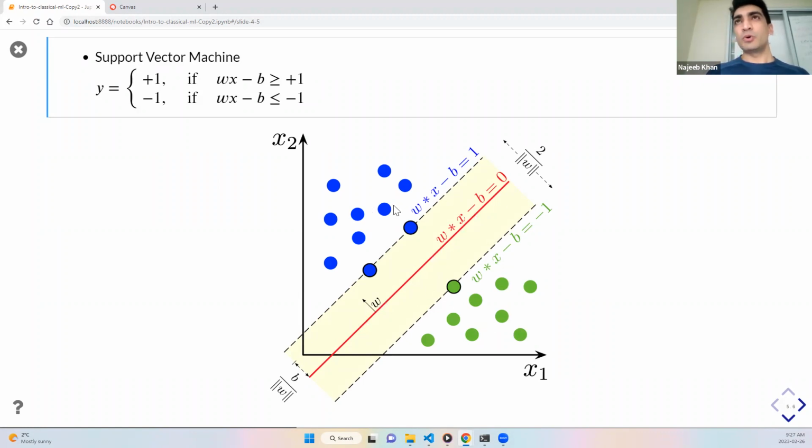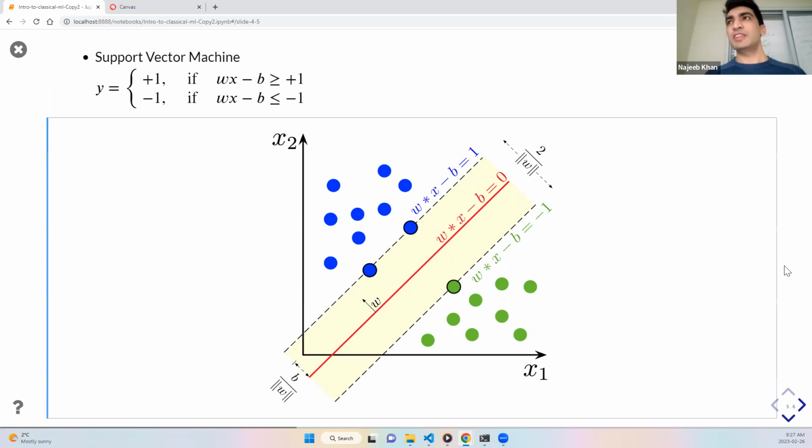If you have the blue or +1 class and the -1 class, the support vector machine tries to draw a line which is away from both classes equally. It's sometimes called a maximum margin classifier. But the important thing is to just know that it is a class of models that you could pick from.